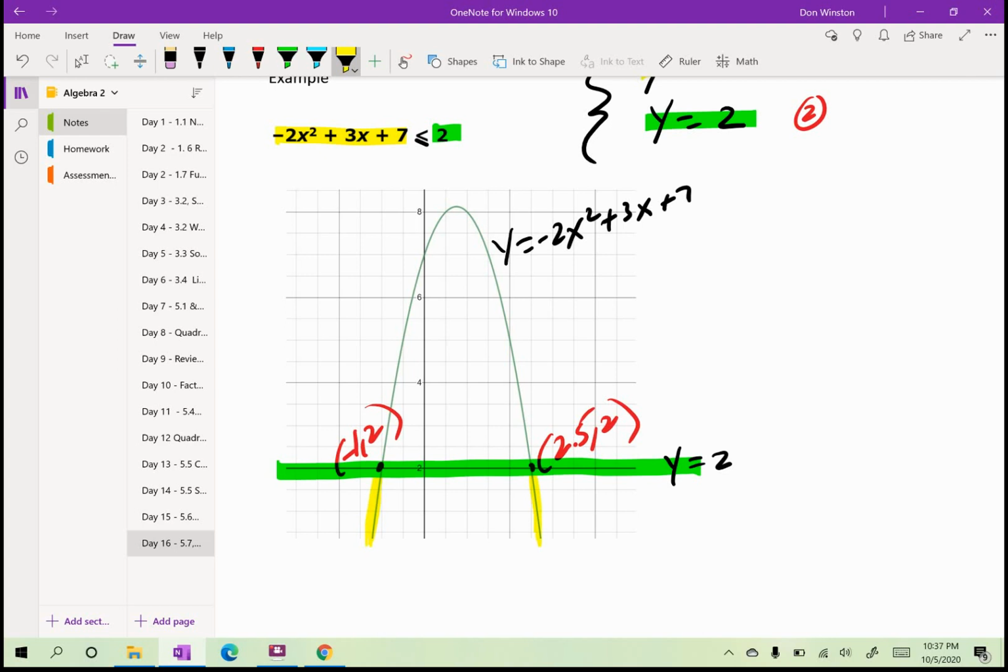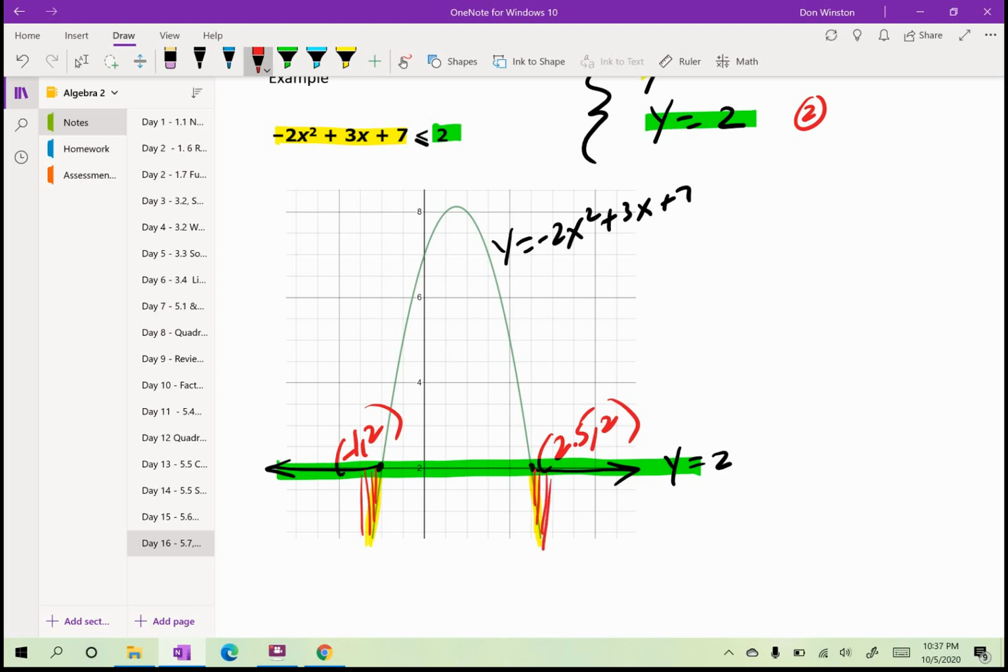As x goes to positive infinity or negative infinity, the y value on that parabola will always be below the line y is equal to 2.